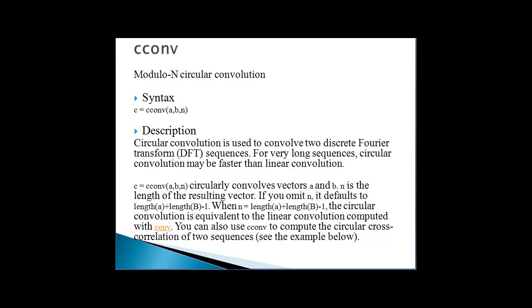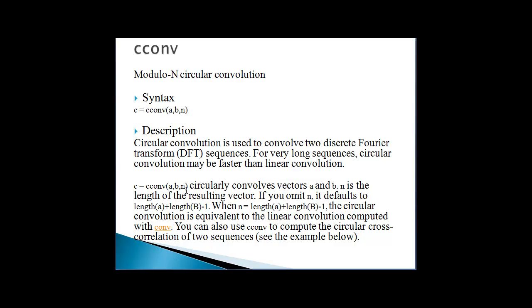Now let's see modulo circular convolution, that is cconv of a comma b comma n. Now this circular convolution is used to convolve two discrete Fourier transforms, that is two DFT sequences. Okay. Now for very long sequences, circular convolution may be faster than the linear convolution.